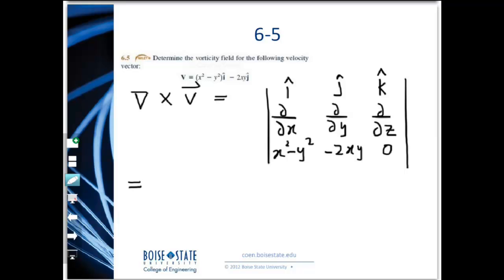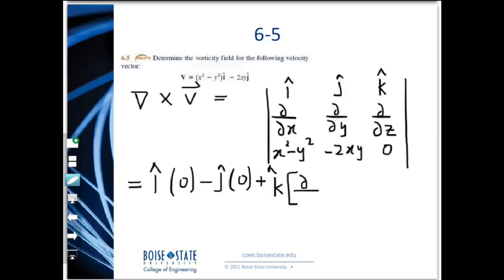So let's go ahead and do this. As I said, i times 0 minus j times 0 plus k times dou x of minus 2xy minus dou y of x square minus y square.